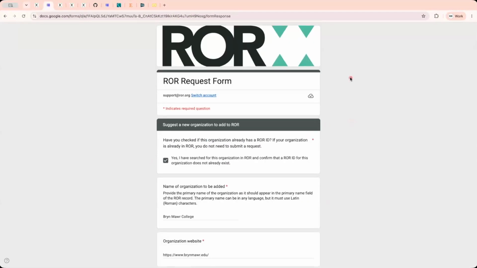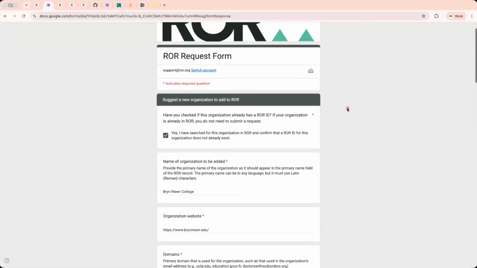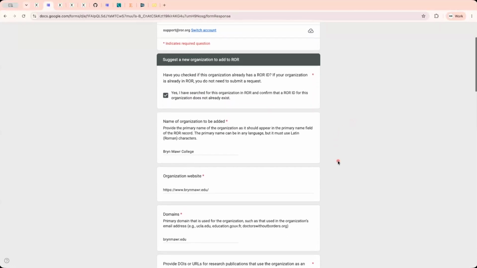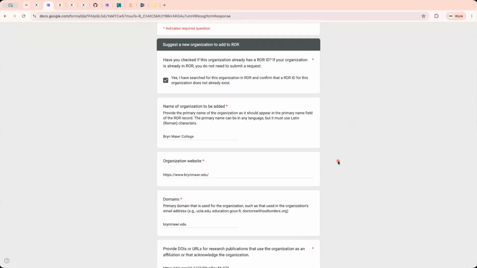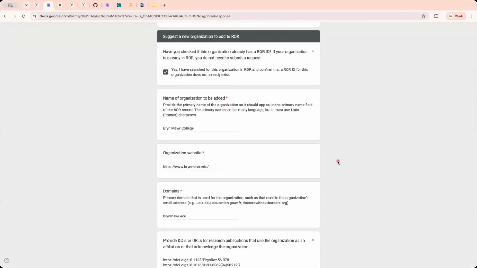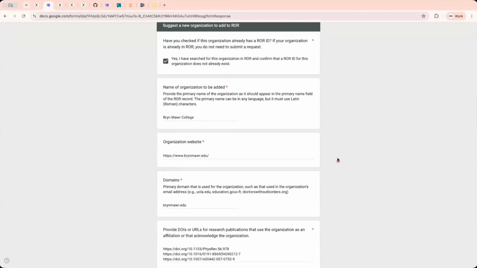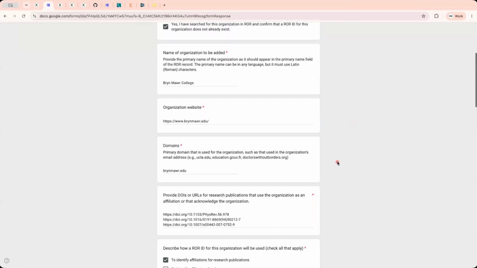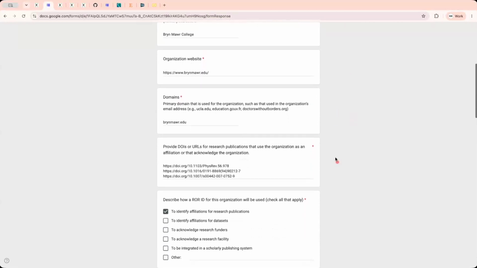The third page of the request form asks for the organization's name, website, and domain, and I've filled those out with placeholder information for Bryn Mawr College, which does already have a ROR ID, of course, but for now we'll pretend it doesn't. Now we come to one of the most important parts of the form.